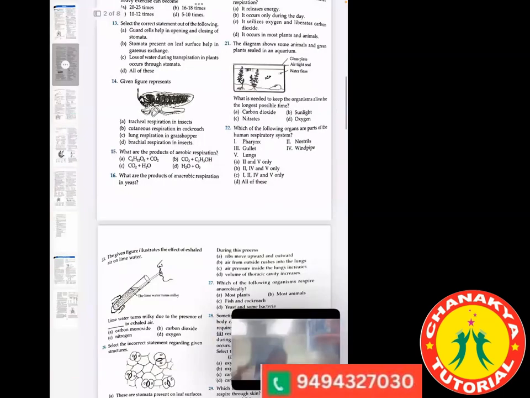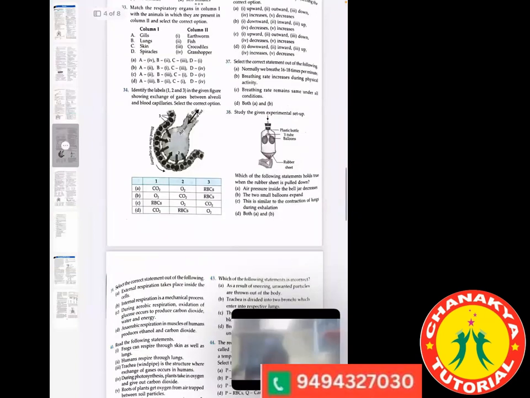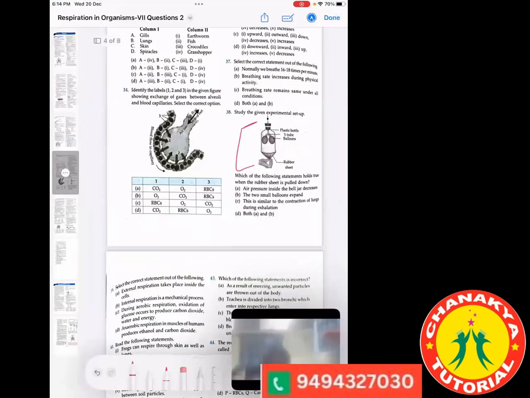In question number 38, they have given an experimental setup, which you can see in the picture. This part is the rubber. If you try to pull this rubber in the downward direction, what will happen? First condition, air pressure inside the bell jar decreases. Whatever air pressure is inside will start decreasing.